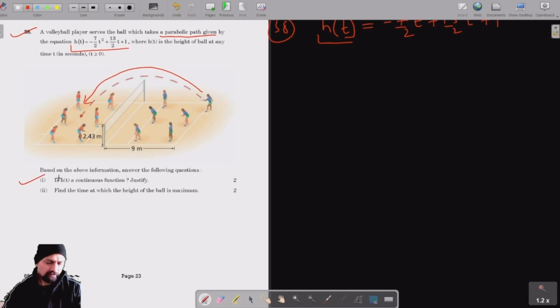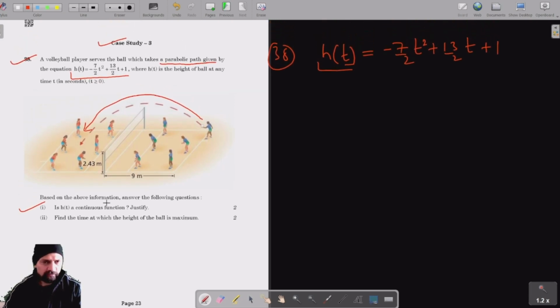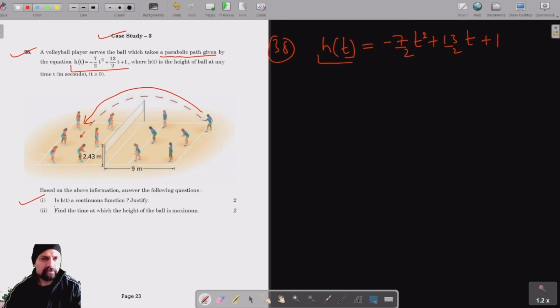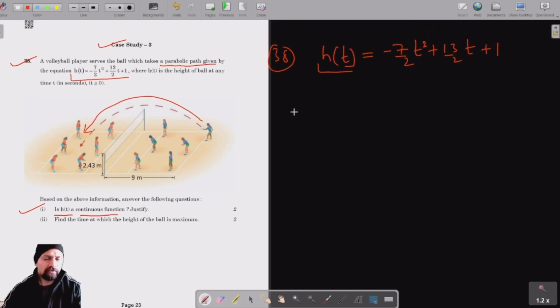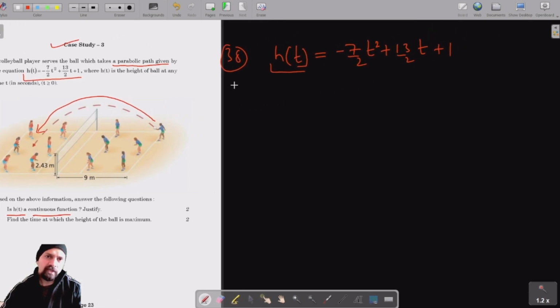Now, based on the above information we have to answer the following questions. Is h of t a continuous function? Yes, because h of t is a polynomial function.